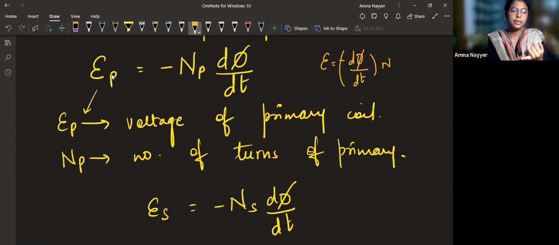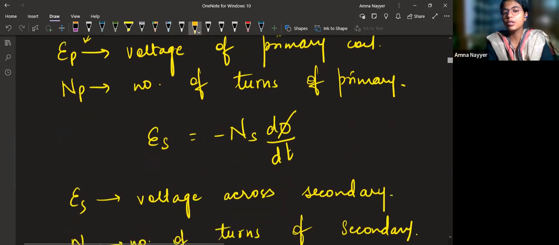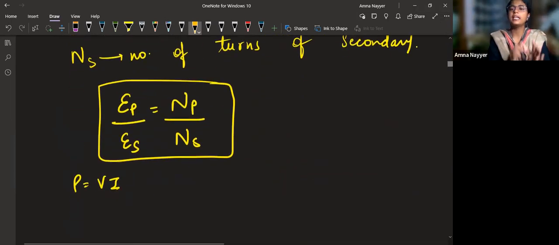EP is the voltage of the primary coil, NP is the number of turns in the primary, and d phi over dt is the rate of change of flux. Similarly, voltage in secondary will be minus NS d phi over dt. Now see class, if I take the ratio of EP and ES, I'll get EP by ES is equal to NP by NS.